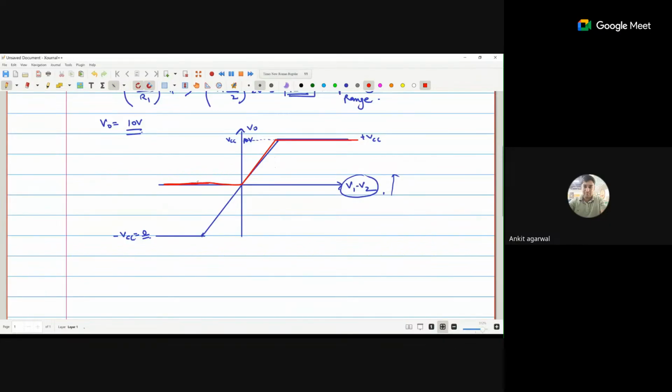Because negative voltage is not possible. Negative V out is not possible. If V1 minus V2 is negative, clear?